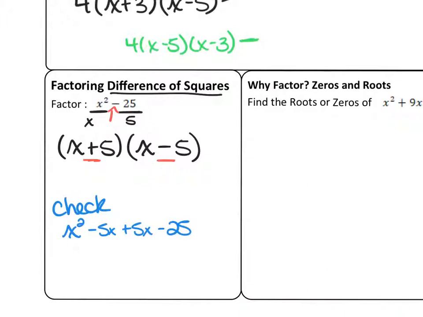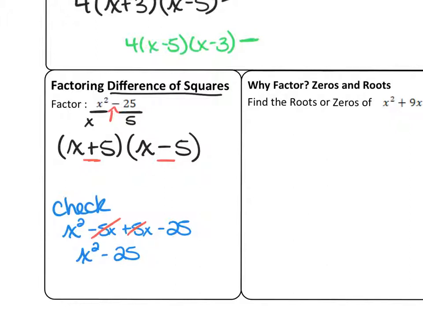So you'll notice that these values in the middle will cancel out because minus 5 plus 5 just equals 0. And the check brings you back to x squared minus 25. So this is kind of a special case. Keep an eye out for it. I think I have some examples on the practice sheet for you.